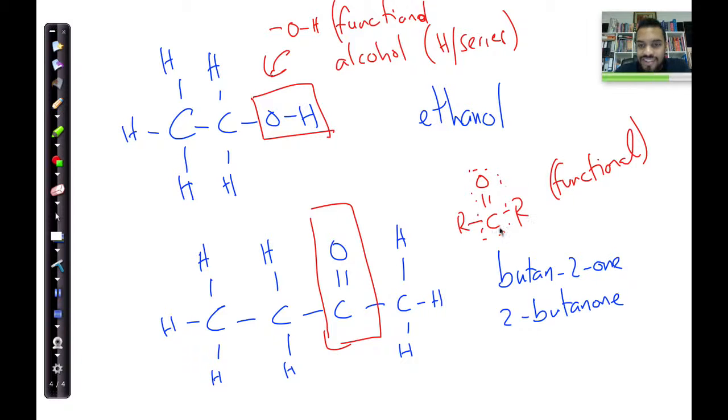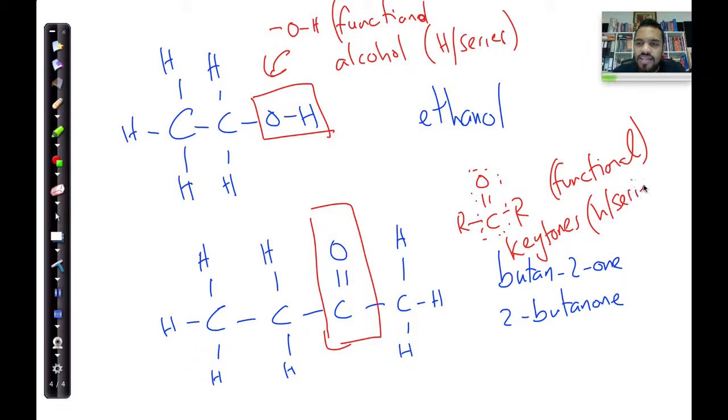Any molecule that has this functional group, in other words, a carbon bonded to an oxygen that we find somewhere in the middle, not on the end, but rather in any one of the middle carbons in a long carbon chain, belongs to a group called the ketones. It belongs to a group called the ketones, and that there is the homologous series.